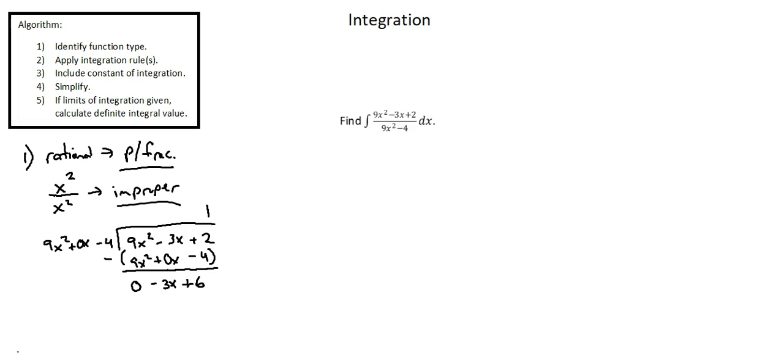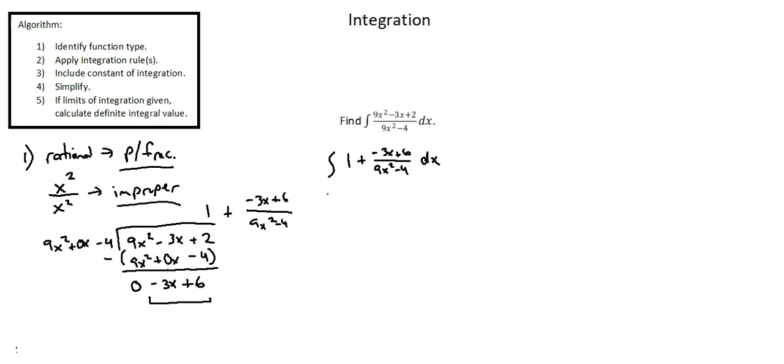So in addition to the 1, we now also have a plus negative 3x plus 6 over 9x squared minus 4. I'm going to now rewrite the integral as our quotient. The integral of 1 plus negative 3x plus 6 divided by 9x squared minus 4 with respect to x.